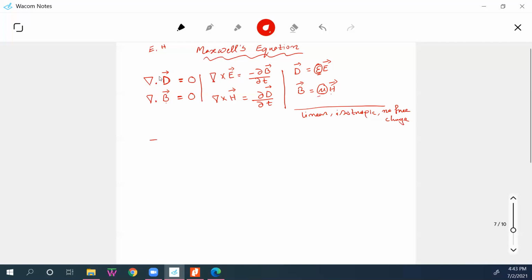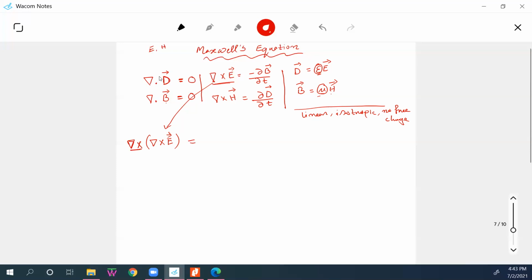This one, the curl of the electrical field, I can rewrite it. The curl of, so what I did, I multiplied with the curl. I am making it again a curl.